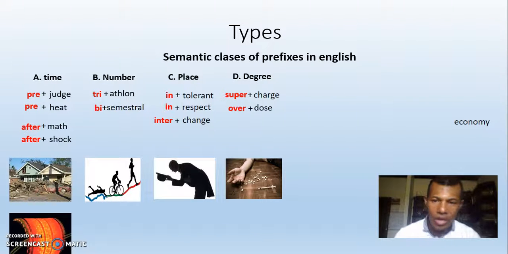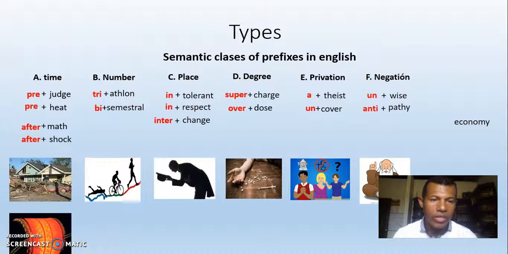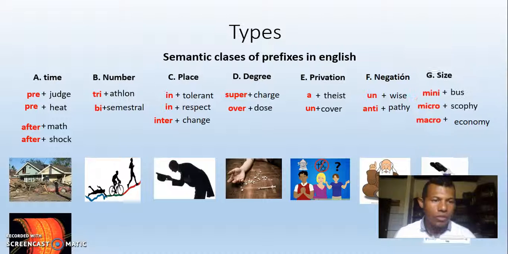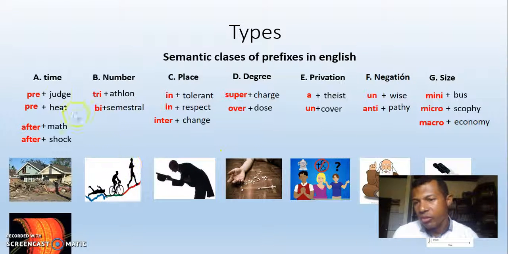This is the classification of prefixes. It's important for you to have an idea of how they work and the result they produce. Pre is something that occurs in advance. Okay, preheat. Aftermath is the consequence of something, and aftershock is what happened after you suffer a shock.